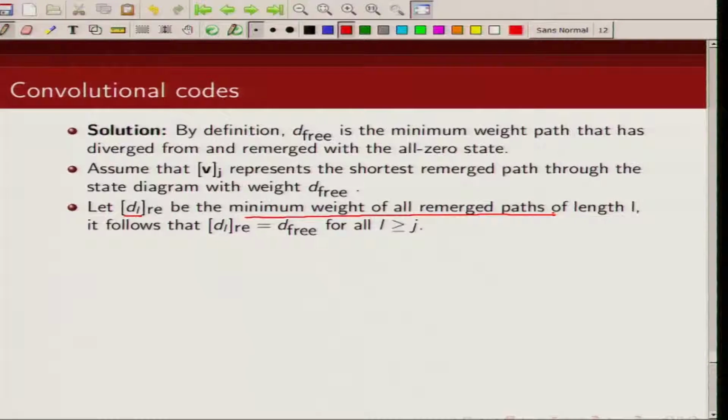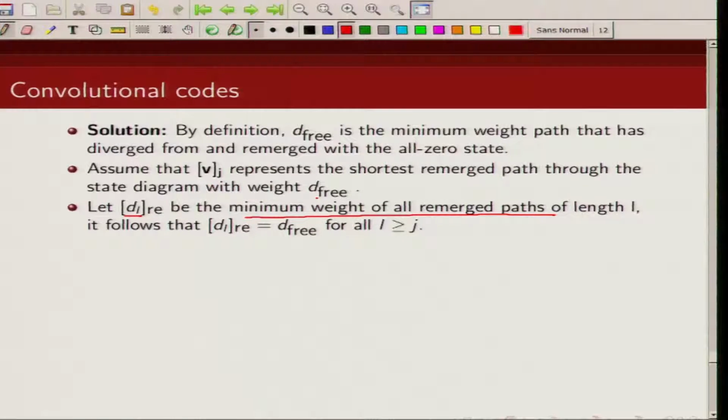What is a re-merged path? These are paths which diverge from the all 0 state and then merge back into the all 0 state.